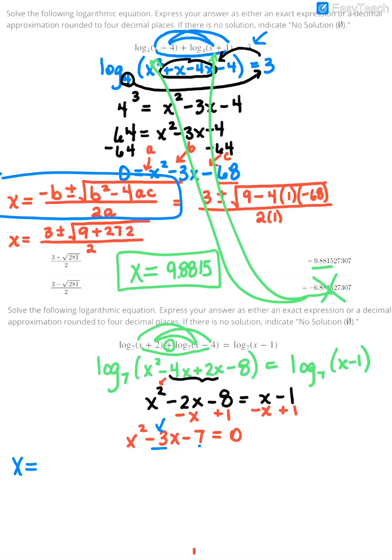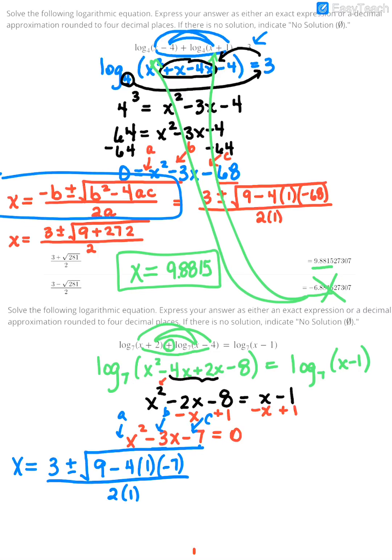My b in this case is negative 3. The opposite of that becomes positive 3, plus or minus the square root. When I square my b, I get a 9, minus 4 times my a, which is understood to be 1, times my c, which is a negative 7, all divided by 2 times my a again.